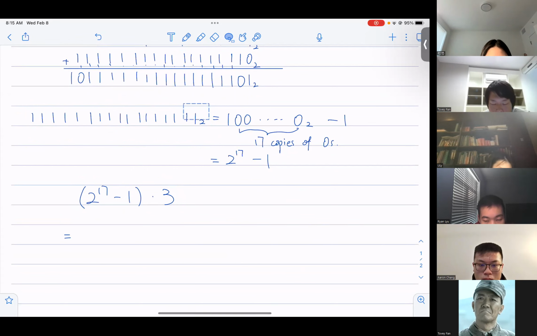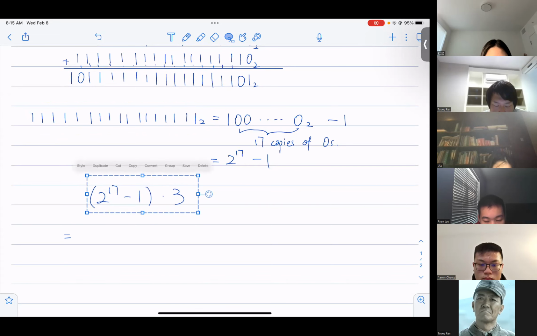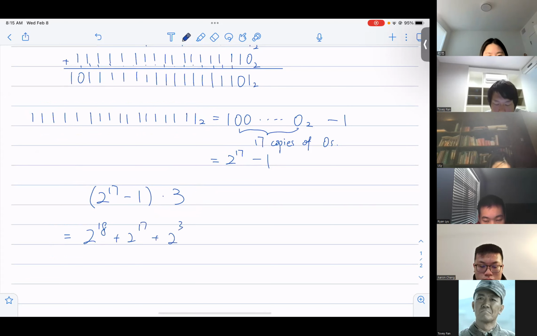If you want to save time, the best strategy is to express your result in terms of powers of 2. So for example, if your answer is say 2 to the 18th, plus 2 to the 17th, plus maybe 2 cubed, something like this, then you can easily write it as a binary number, because if you minus 1, you get a bunch of ones and stuff, right? So you want to express your result in powers of 2s.